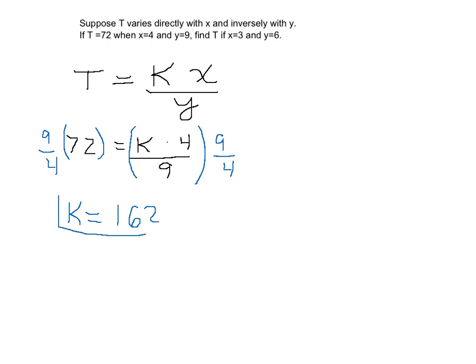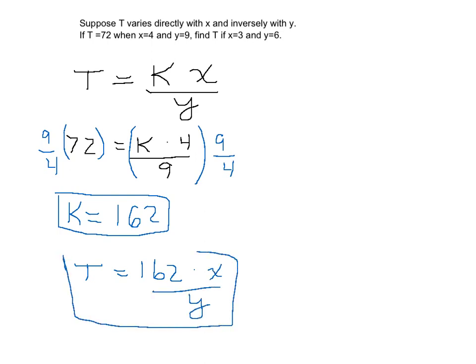That's a pretty important middle step, so I'll put a box around it. So now I can write T is equal to 162 times X over Y. And that's a big deal too, so that deserves a little box. So now I can answer my question. Find T if X is equal to 3 and Y is equal to 6.